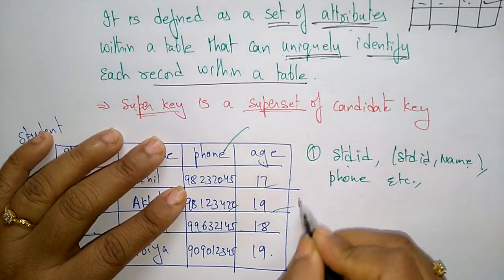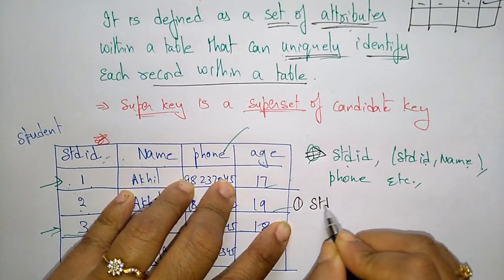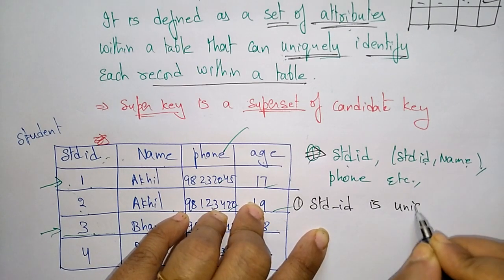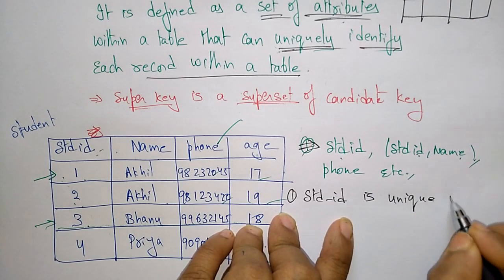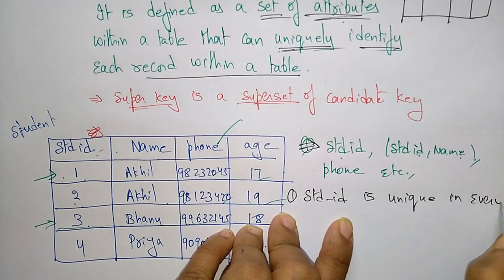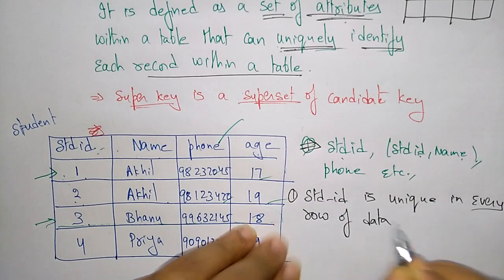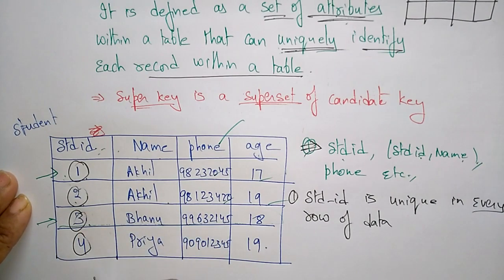So here the first, if you take the student ID, it is unique. Let me write the point so that you will not be confused. Student ID is unique in every row of data. So in every row of data, the student ID is unique: 1, 2, 3, 4.